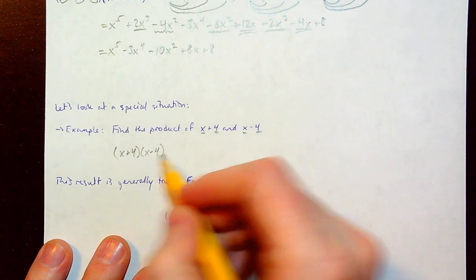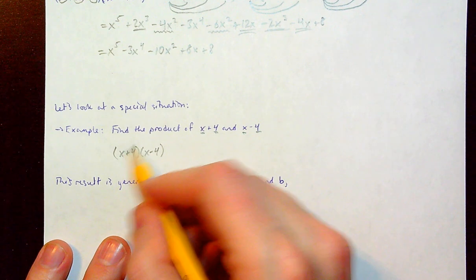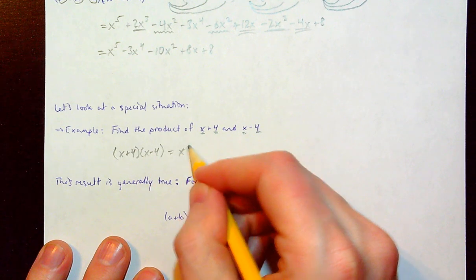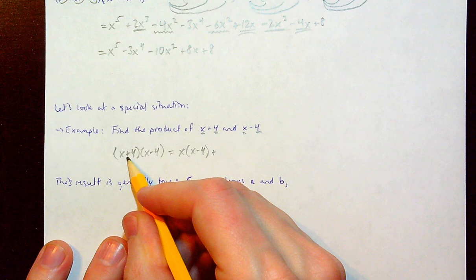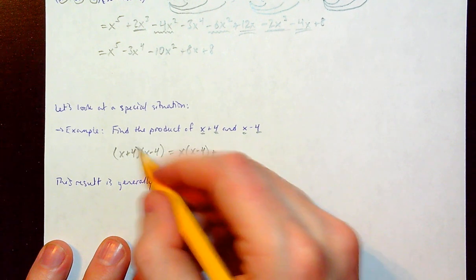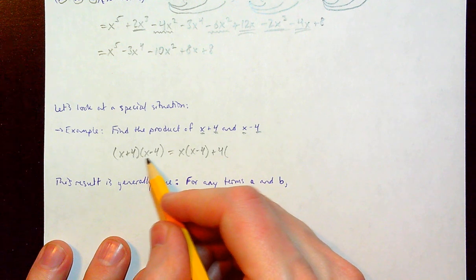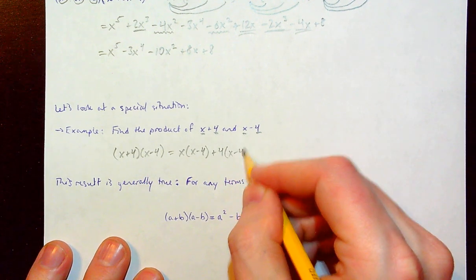Well, again, first term of first polynomial distributed into the entire second polynomial. Carry the sign over, plus the second term in the first polynomial times the entire second polynomial.